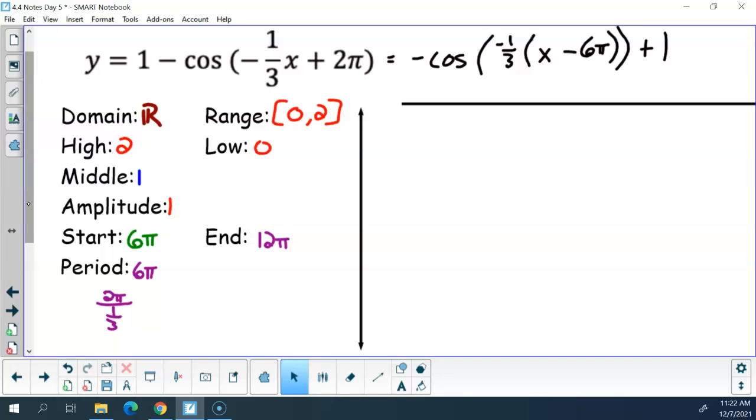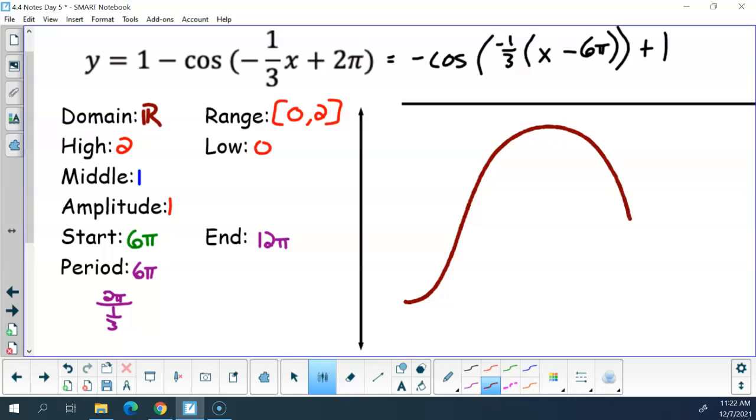Oh, no. Nothing, does nothing for cosine. Useless. Negative a, what does it do? It flips it. Okay, so instead of starting up and going down and ending back up, we're going to start down, up, and end down. Okay?